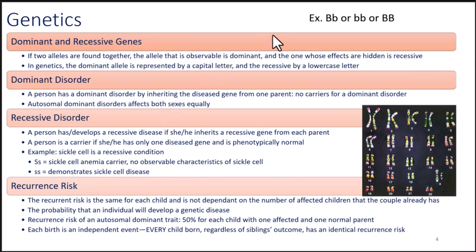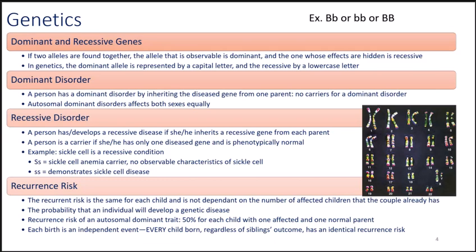So if I gave you an example here and we just changed the meaning of this, let's say that this capital letter is representing a disease, and the small letter is representing healthy. Since the diseased allele is dominant, it's going to overpower the healthy recessive.